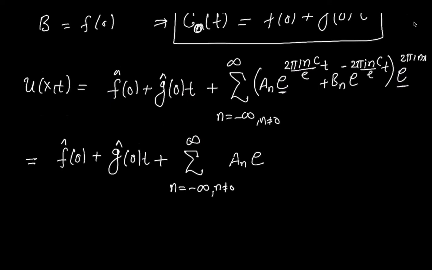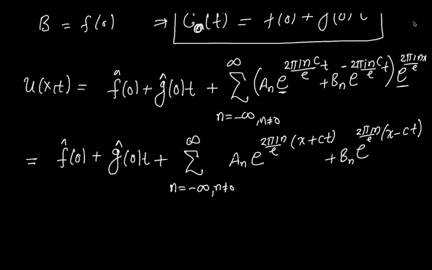If I multiply this and this, you're going to get 2 pi i n. I can pull out 2 pi i n over L, and this is going to be x plus ct. And if I do the same thing, I can pull out 2 pi i n over L, and it's going to be x minus ct.